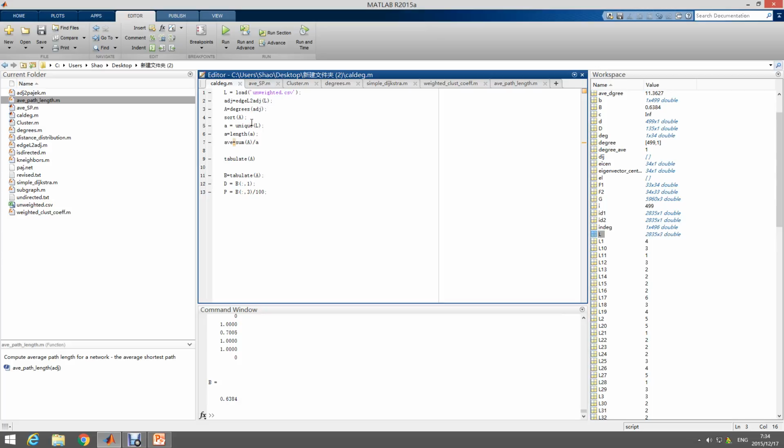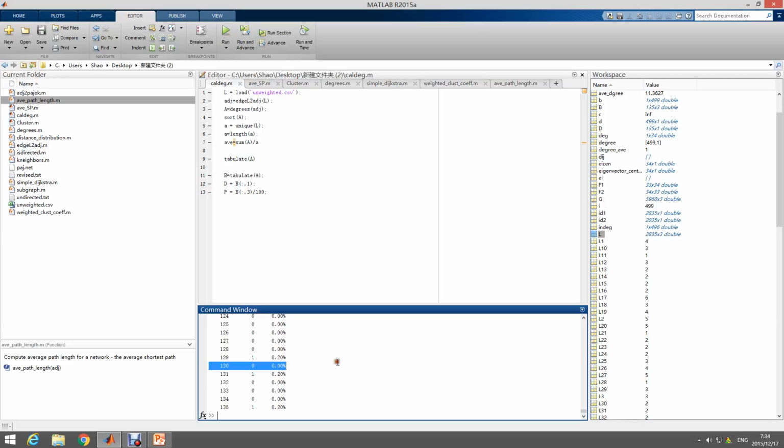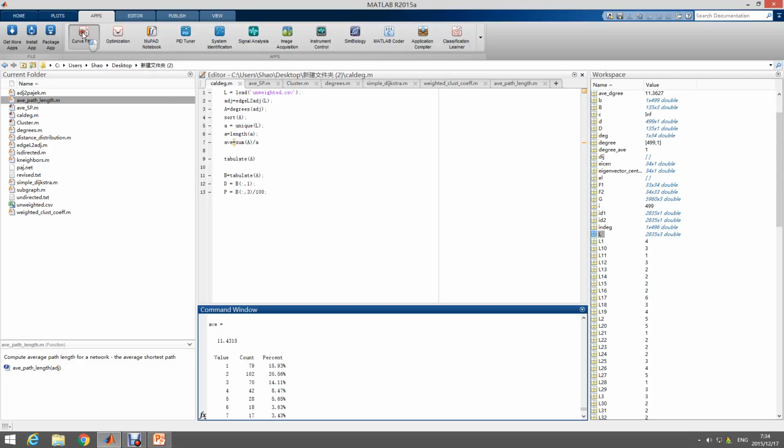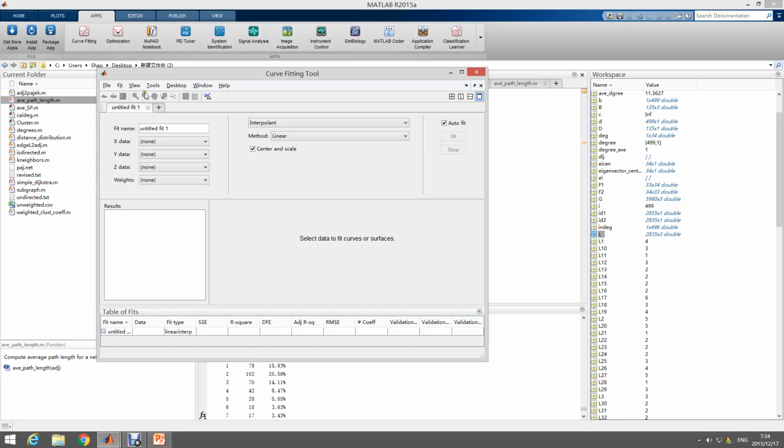Then the degree of each node is calculated. Let's run it. Here, the average is 11.43, and using the curve fitting toolbox, we can draw the degree distribution graph.